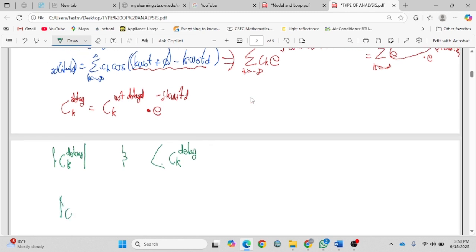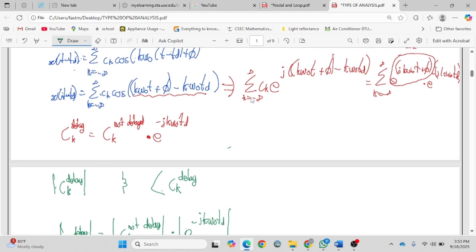So the magnitude of ck delayed will equal the magnitude of ck not delayed multiplied by the magnitude of e to the minus j k omega naught td. Well, this here, we go back, which is here.